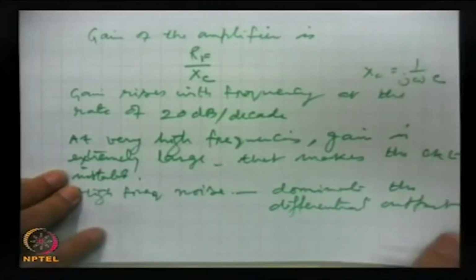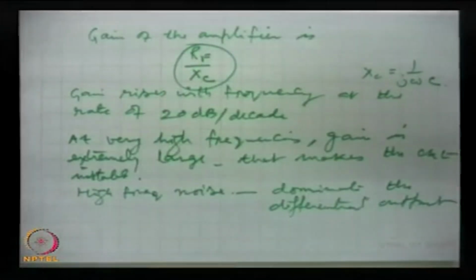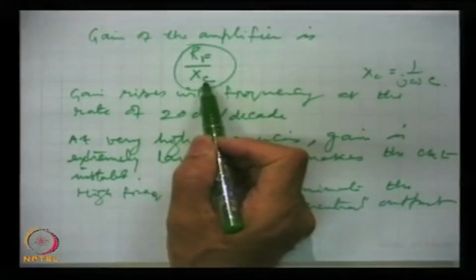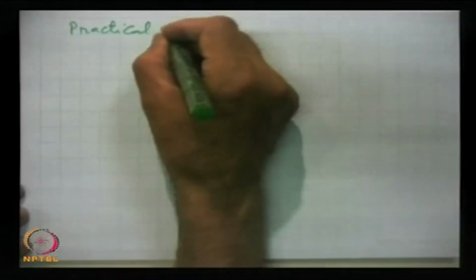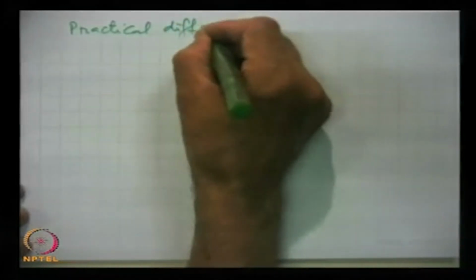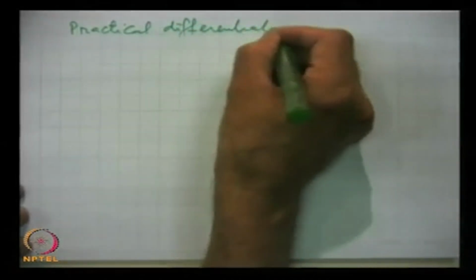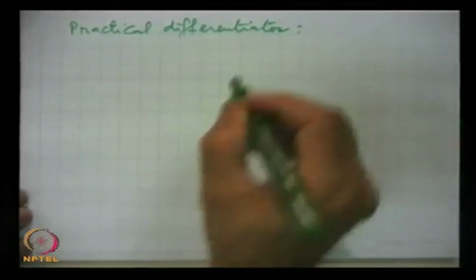So to take care of this fact that gain becomes exceedingly high when the frequencies are very high, we attach a small value resistor and we get a practical differentiator. Practical differentiator is this.